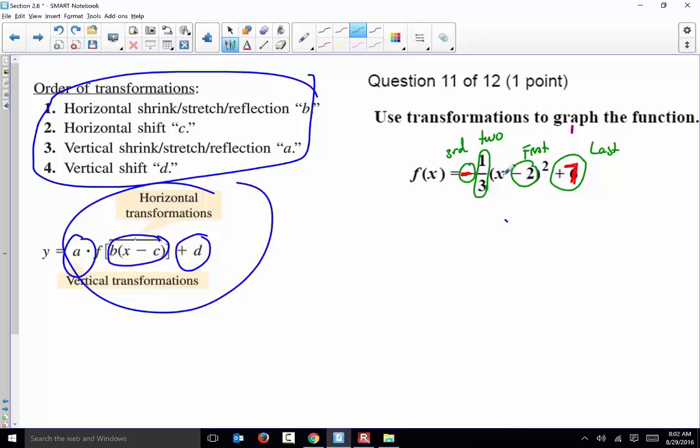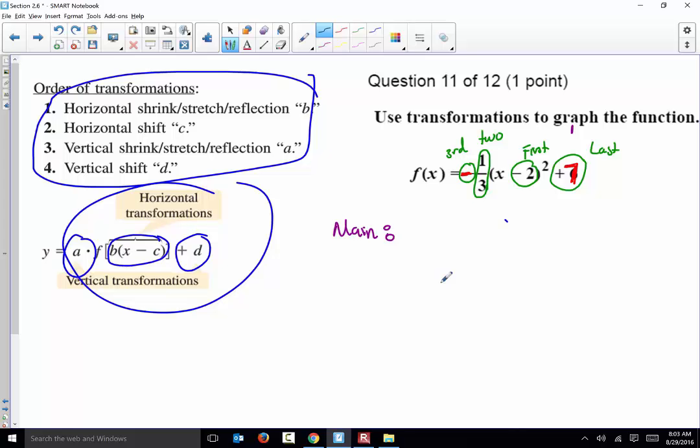Good news, there is no number directly in front of x. There is a number 1/3, but it's not in front of x. It's in front of the main function x squared. So it doesn't count. There is no number in front of x, so it's going to be relatively easier. Alright, before anything else, you need to name the main function we are transforming here. Absolute x, cube root x, 1/x, what is it?